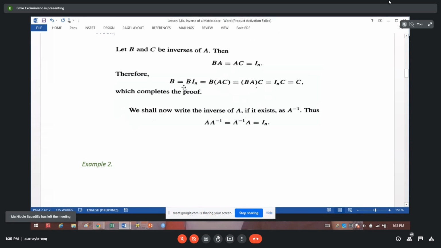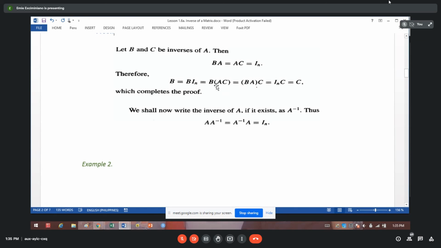Therefore, B is equal to B times the identity matrix, which will just give you B. And we know that the identity matrix can also be written as AC.